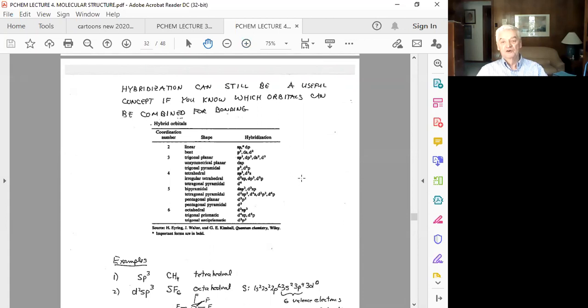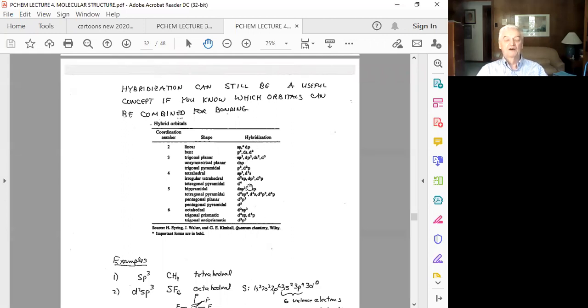The things you learn most commonly in organic chemistry are tetrahedral sp3 hybrids. If you have things like ethylene, you can have sp2 hybrids. If you have molecules like acetylene, they can be linear and they would be sp hybrids.